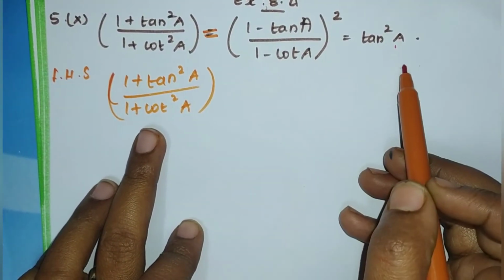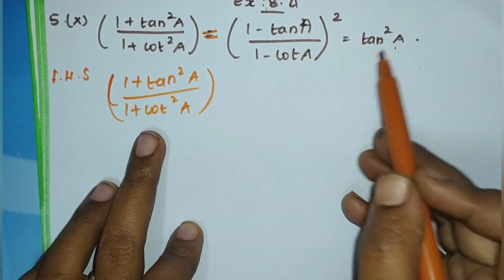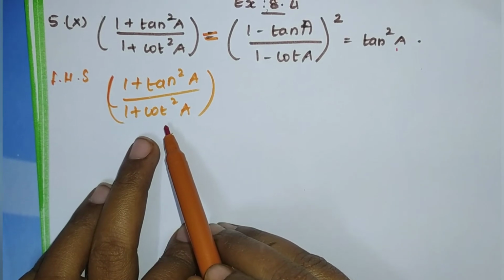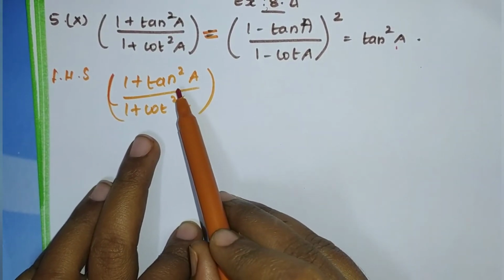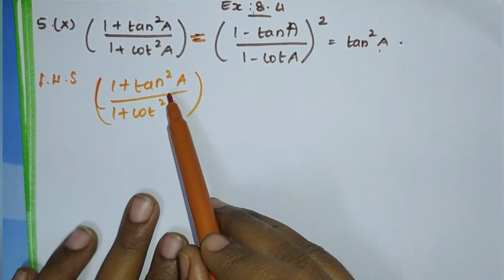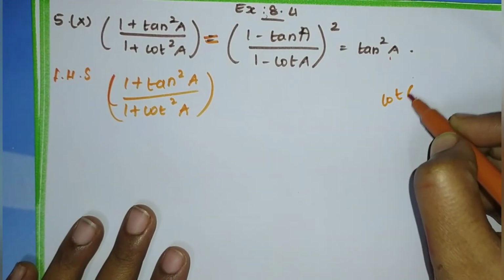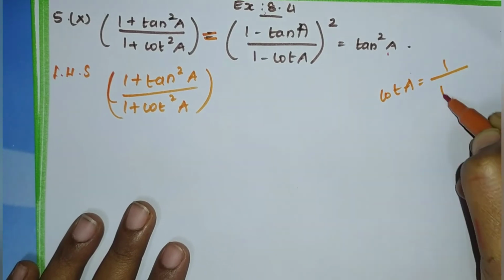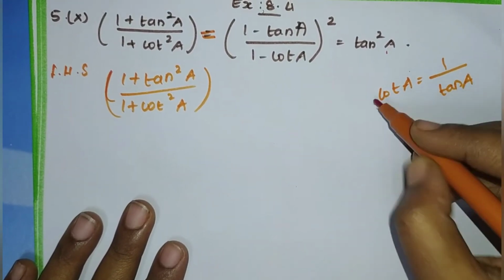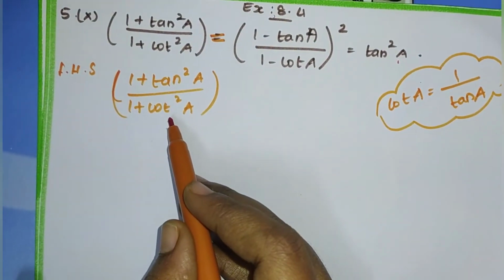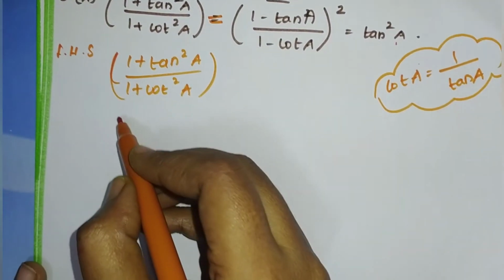I have to prove in terms of tan, so I'm going to change cot into tan, but I'm not going to change the tan. So cot, how can we change? By reciprocal, 1 by tan A. Instead of cot, I'm going to substitute 1 by tan A.